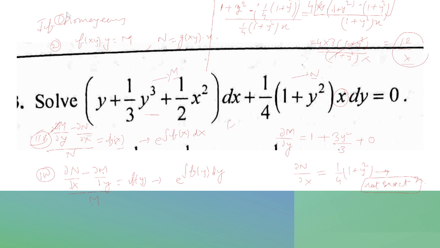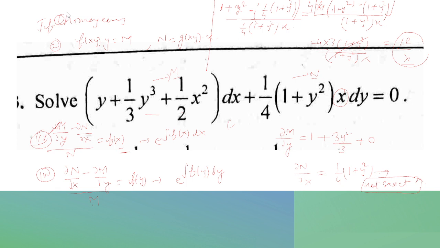Is it a function of x only? Is it case third? Is it okay? Or have we done something wrong?